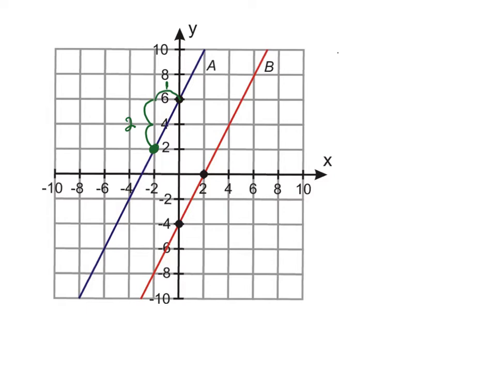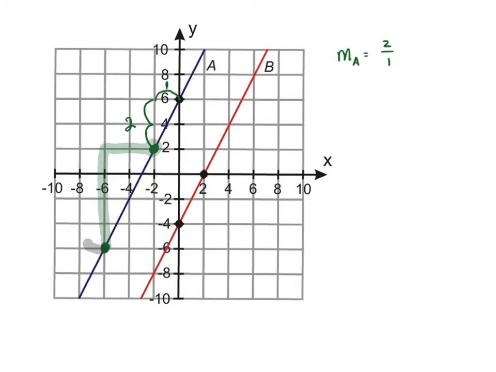So let's go slope of line A. His rise was 2, and his run was 1. Rise 2, run 1. And it doesn't matter. I could have picked any points on this line. I'm going to try a different point. This time I'm going to grab a point way down here, and I'm going to count all the way up to that point. Watch what happens here.